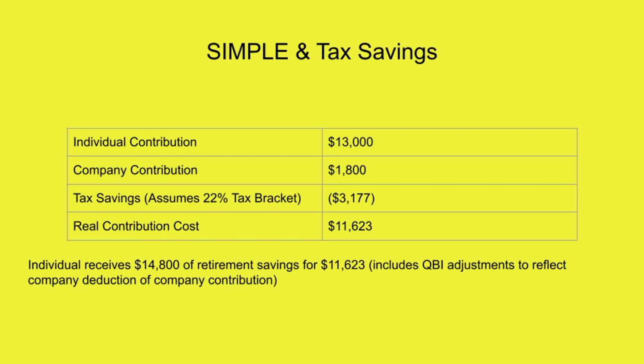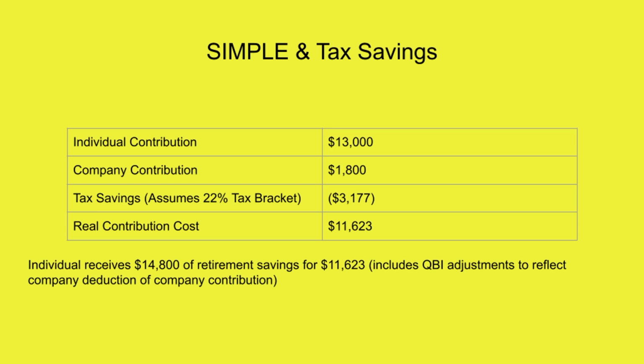So what happens with a SIMPLE is the individual, which is you, the employee, can contribute for 2021 $13,000 into the retirement plan. The company, which you own, can match up to 3% of the employee's savings dollar for dollar.